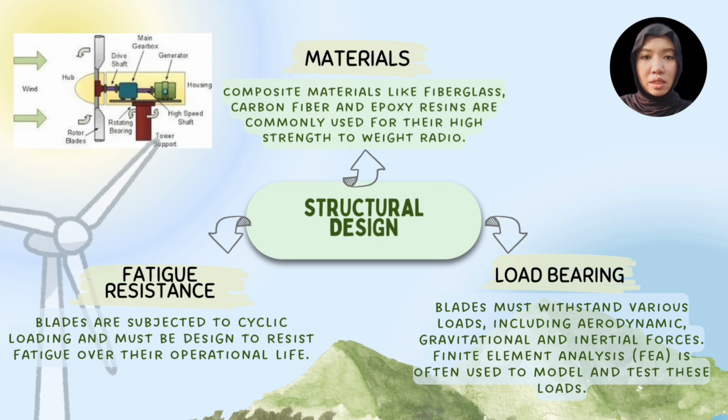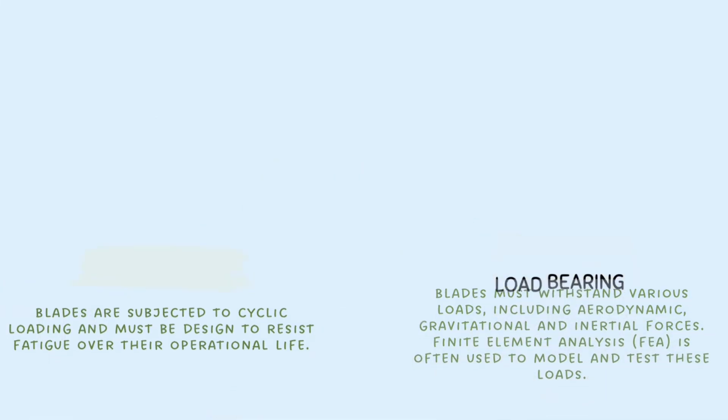Blades are subject to cyclic loading and must be designed to resist fatigue over their operational life. Third, load bearing. Blades must withstand various loads, including aerodynamic, gravitational, and inertial forces. Finite element analysis is often used to model and test the blade.